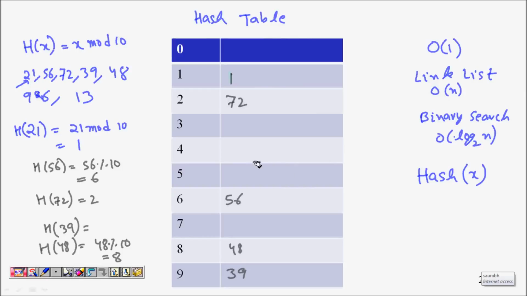Let's analyze what is happening when we insert. We just evaluate h(x), which is x mod 10, and then we know where to insert it in the table.